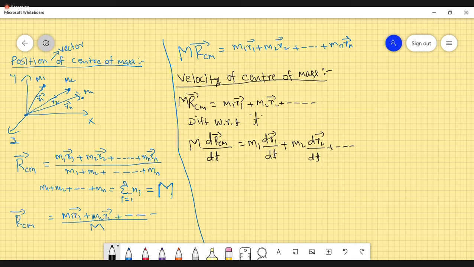The rate of change of position vector equals what? Velocity. Position vector is nothing but displacement, so the rate of change of position vector is a velocity.